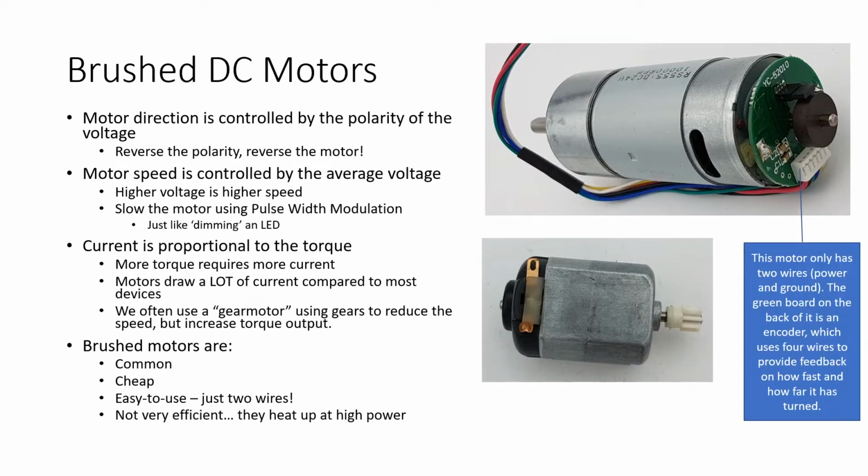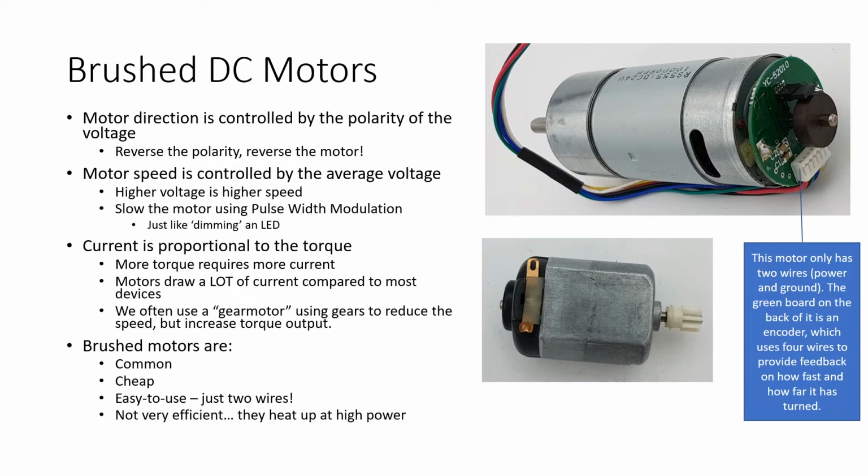So looking at our brushed DC motors, there's a few standard properties that make them actually really simple to control. The motor direction is controlled by the polarity of the voltage. So if you swap your wires around so that positive becomes negative, the motor's just fine with that. It just runs in reverse for a while. Your motor speed is controlled by the average voltage.